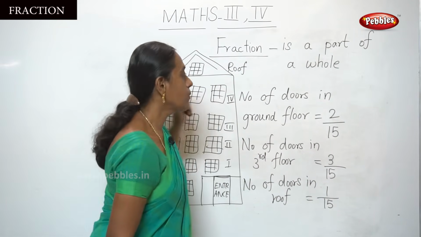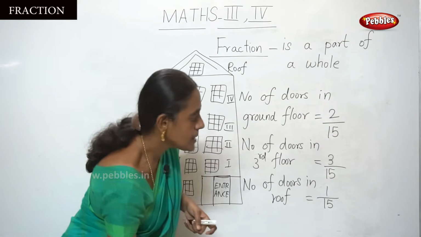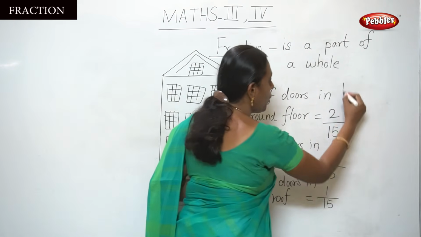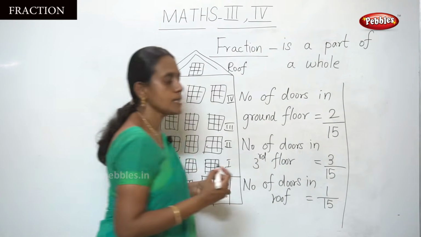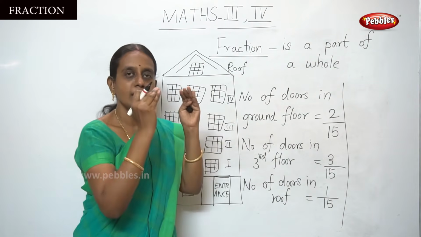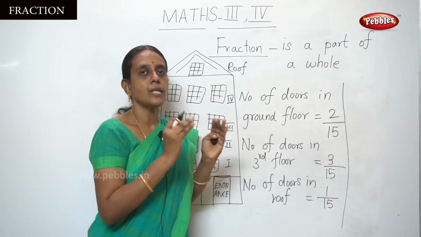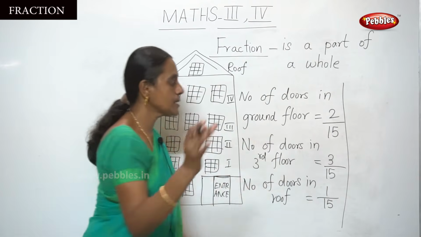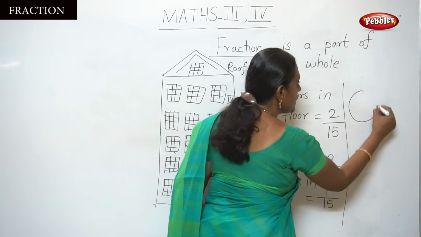One more example for your reference. Suppose your mom bought one pizza, or let us make it one dosai. Your mom is going to divide this one dosai among 3 persons. Simply, this is a dosa.